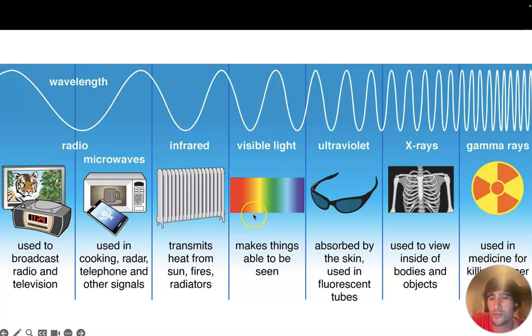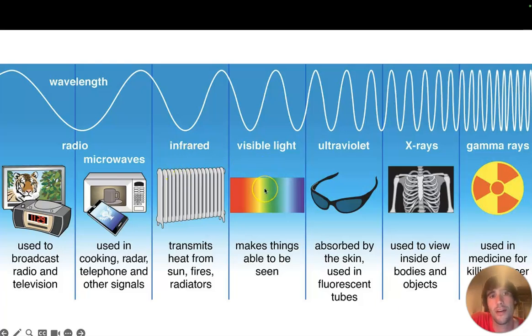And right in the middle, you've got what's called visible light. Now, visible light is the light that human beings can see. That's why we call it visible light. Some animals can see a little bit beyond visible light. So, for example, bees can see in ultraviolet, and snakes can see in infrared. But we can only see visible light.